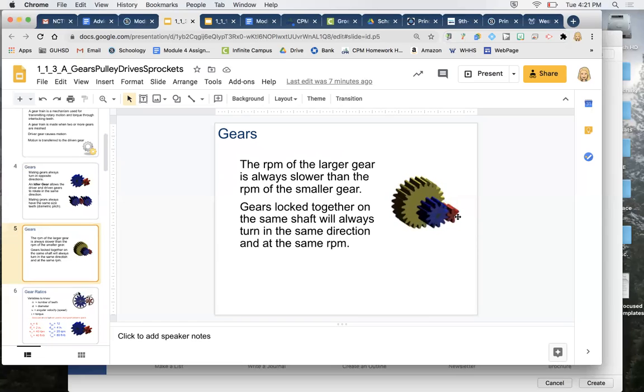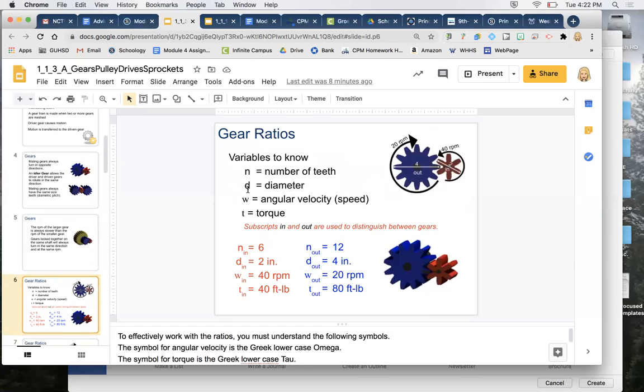On the flip side, less frequently used but sometimes as well, my driver is going to be this red gear, and this is the driven one. If I spin that one fast, then this right here would spin slow. That is going to, by the way, create a torque situation. So that's the inverse relationship between the two.